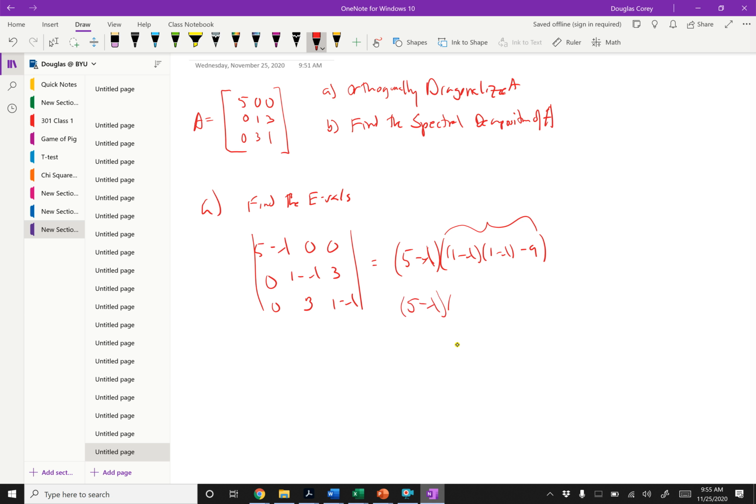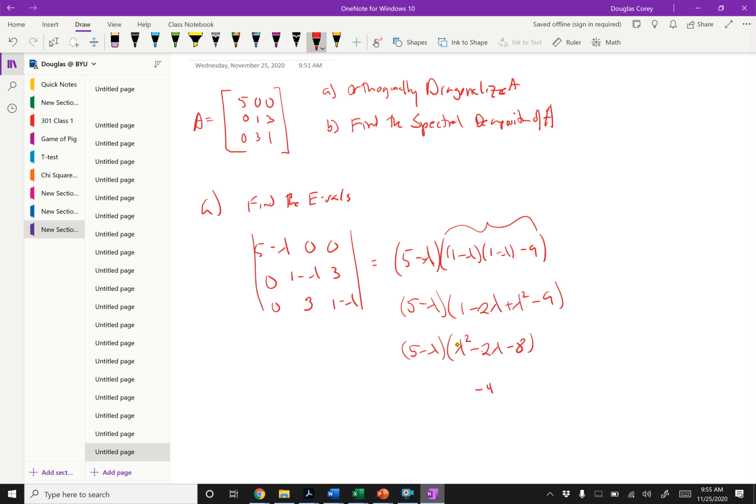So 5 minus lambda. Here I'm going to have 1 minus 2 lambda plus lambda squared minus 9. And that will be lambda squared minus 2 lambda minus 8. So here I need, what are the factors of negative 8 that add to negative 2?